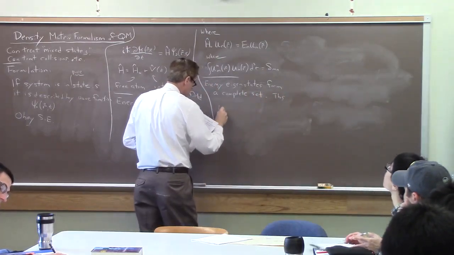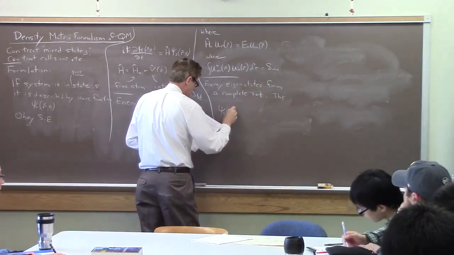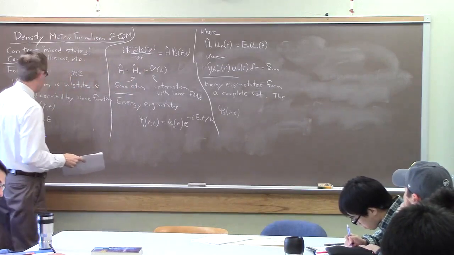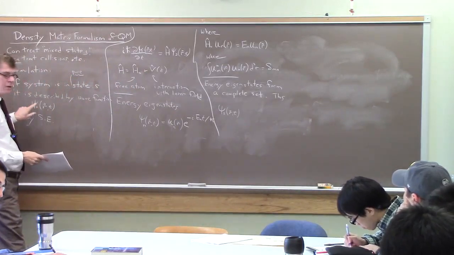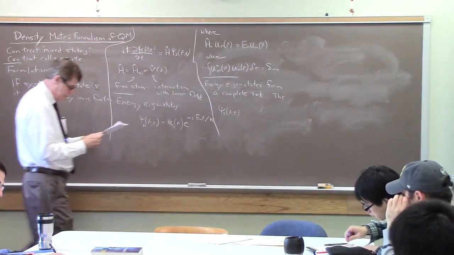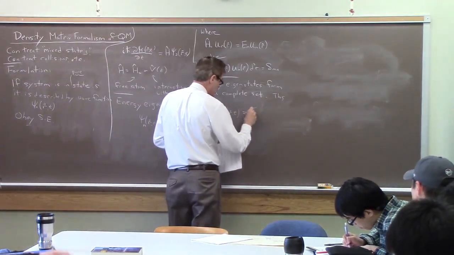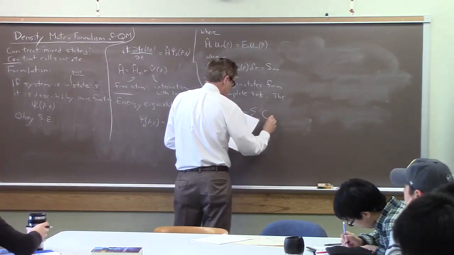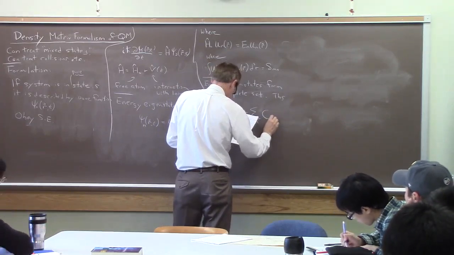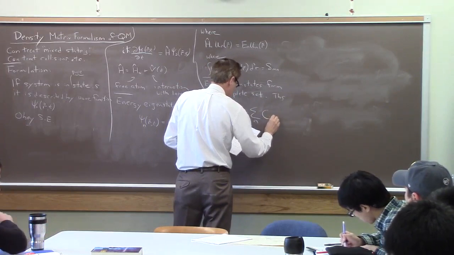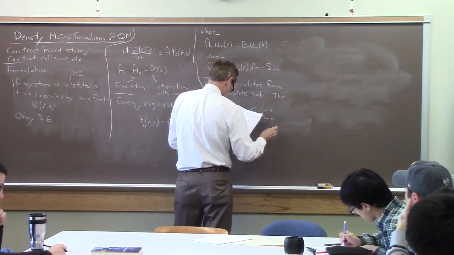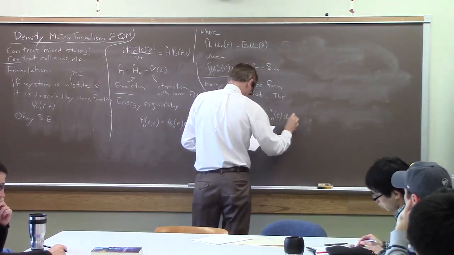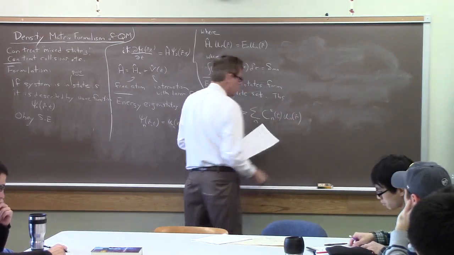And thus, this state, psi_S, that we started with here, can be written as a summation over all of the energy eigenstates n of c_n^S(t) u_n(r).